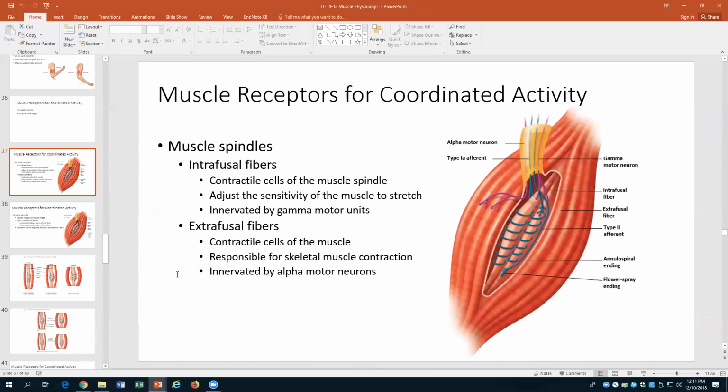So if you stretch a muscle, the annulospiral ending and the flower spray ending are nerve endings, so they're sensory. They're picking up information about what's happening. They detect that change in length. They send a signal to the central nervous system in the language of an increased action potential firing rate.